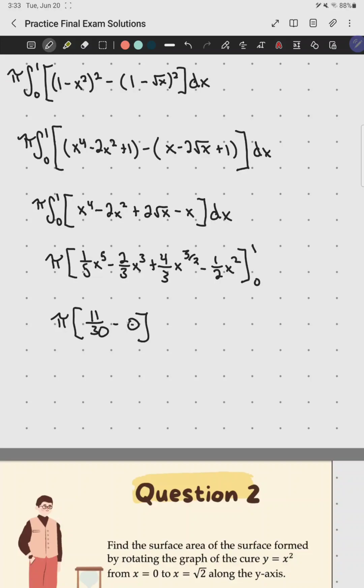This 0 right here coming from that 0. Final answer: 11 pi over 30 units.